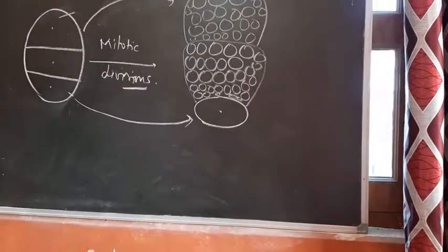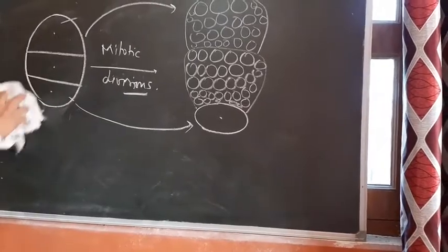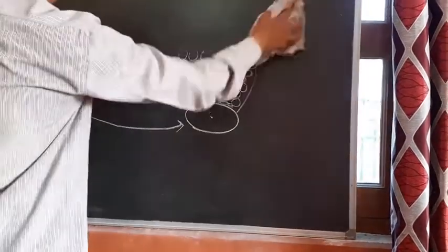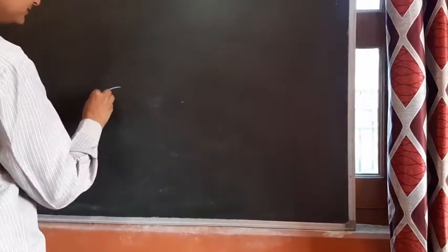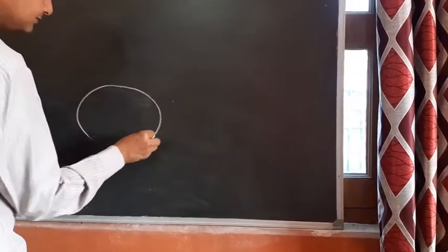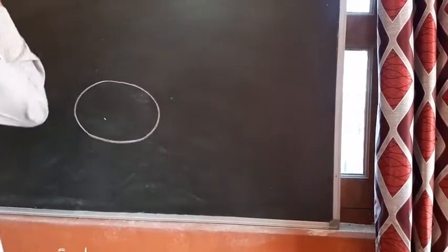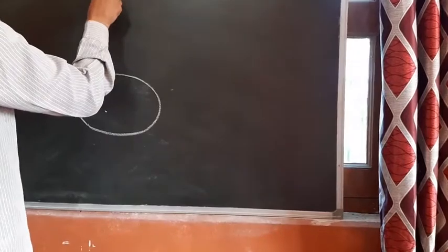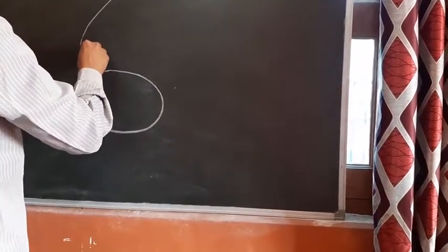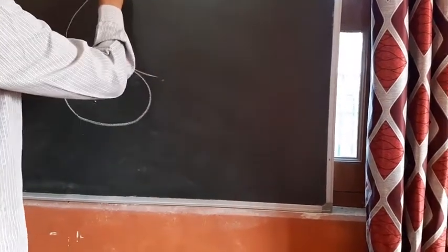So how will it be looking actually? To show it, see, this is the basal, and over this basal the middle cell will acquire the shape of a ball.